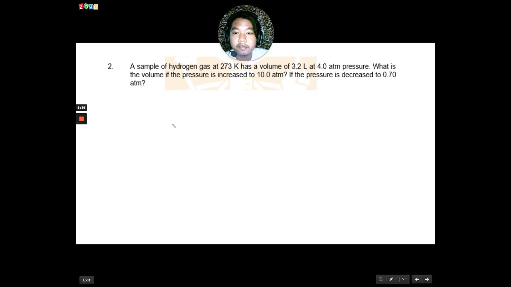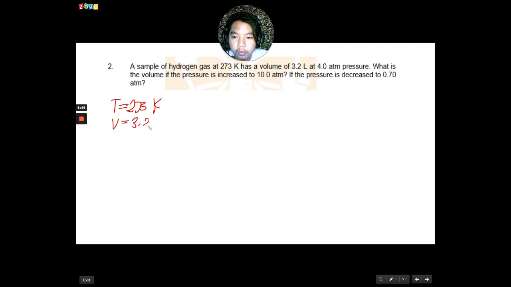Now this is kind of tricky, because first let's try to write the given. We have a temperature given, that's 273 Kelvin, and 3.2 liters, that is our volume.